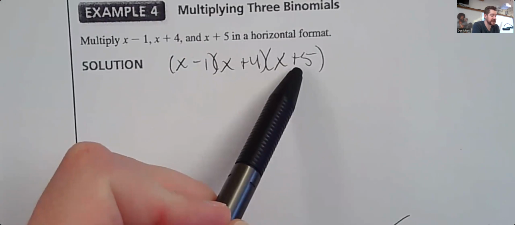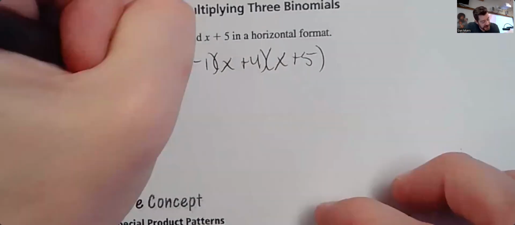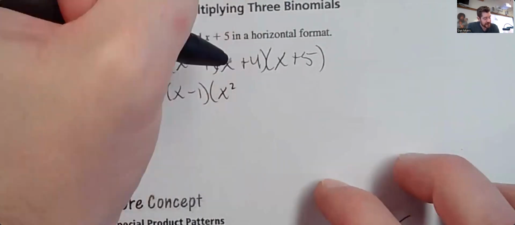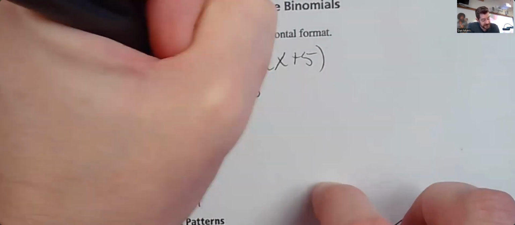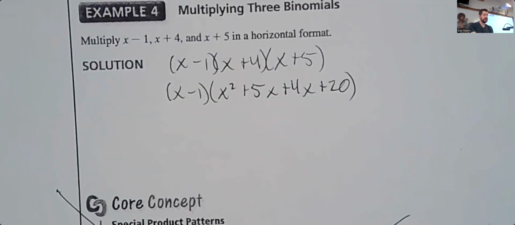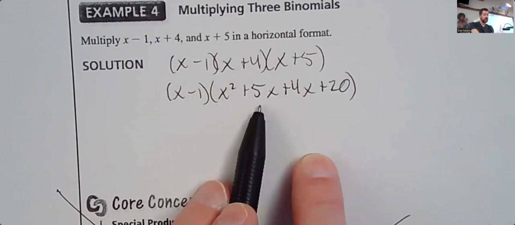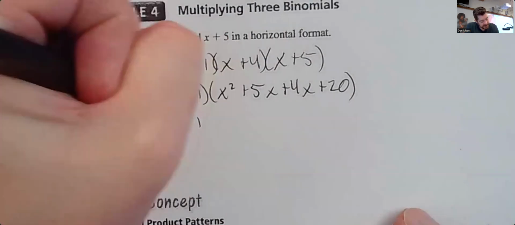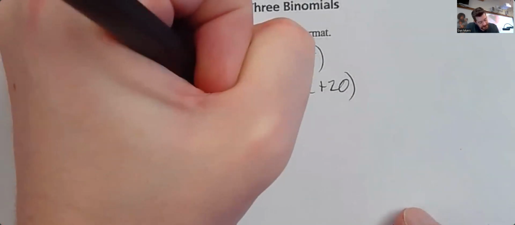So this would be x minus 1 times first is x squared, outer plus 5x, inner plus 4x, last plus 20. We'll combine our like terms here to get 9x. So it'll be x minus 1 times x squared plus 9x plus 20.